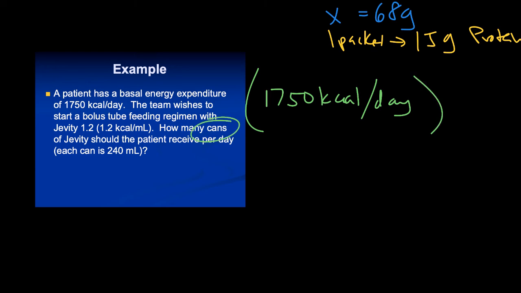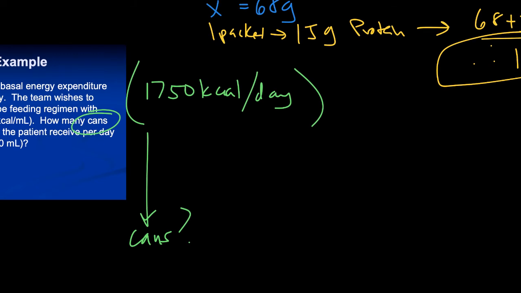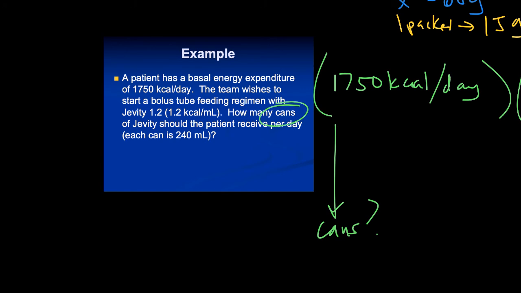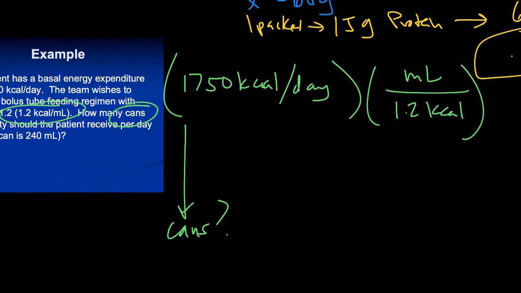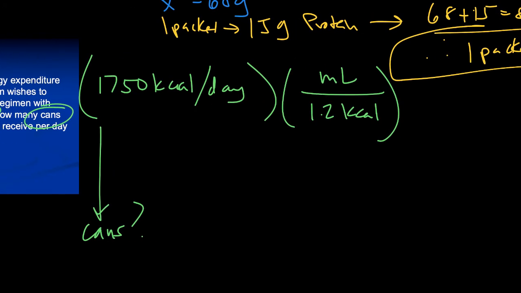So let's figure out how to get this in cans. So let's see, 1750 kcals per day divided by 1.2 kcals per milliliter. I'm getting that from here. Doing that so the units can cancel out. Kcals cancel out.